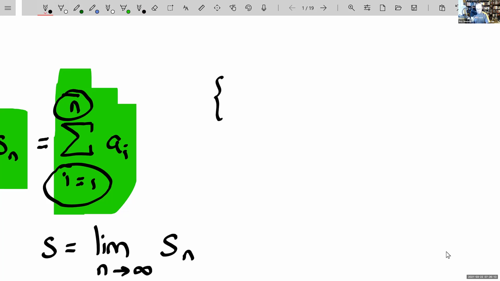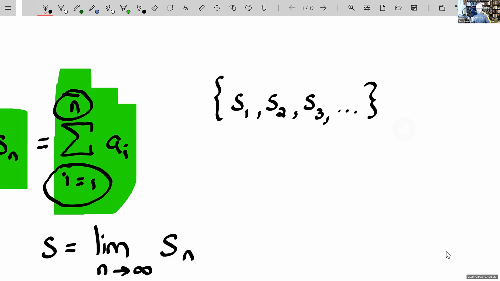No, okay. That builds us a sequence S sub 1, S sub 2, S sub 3, and so on and so forth down the line, all the way to S sub n or S sub infinity, right? As n goes to infinity.